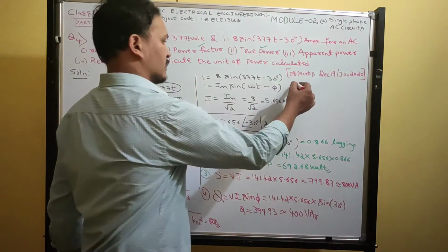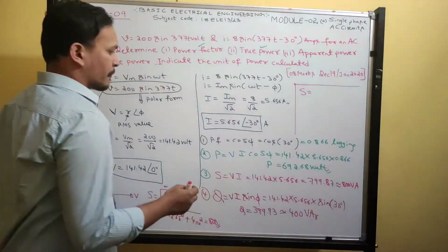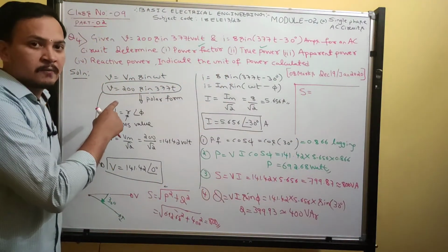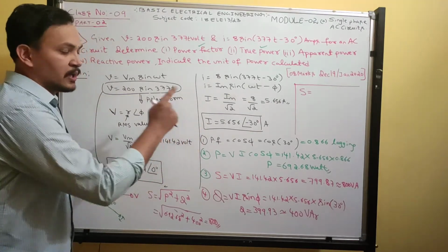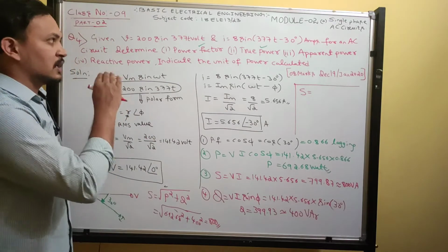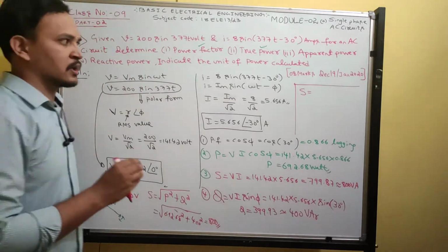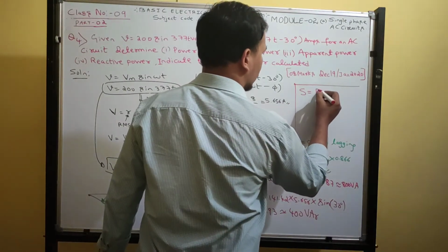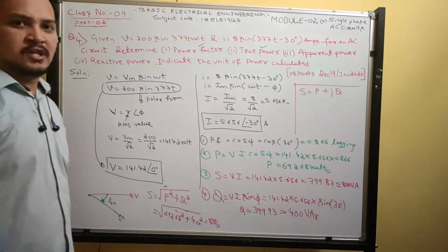Another verification: S is equal to, look here, what type of circuit is it? With respect to voltage, the current lags the voltage by 30 degrees, which means the circuit may be an RL circuit. For a series RL circuit, the power is written this way: S is equal to P plus jQ.